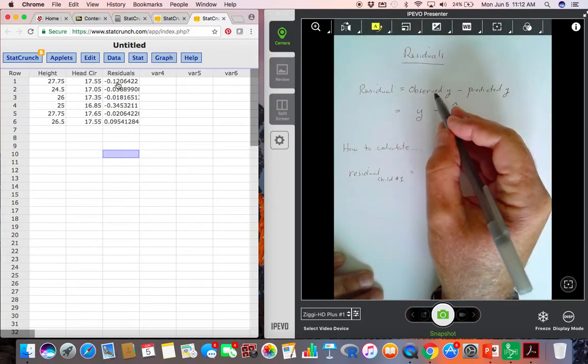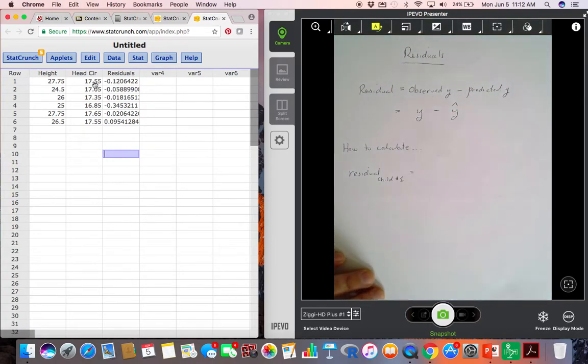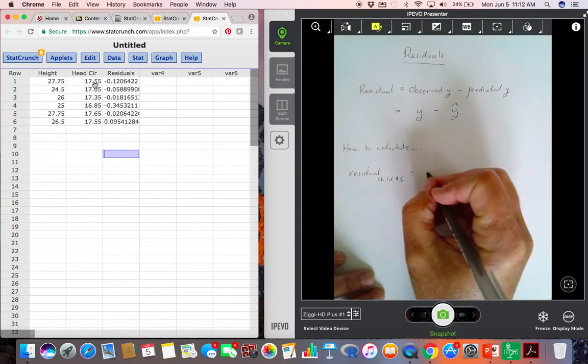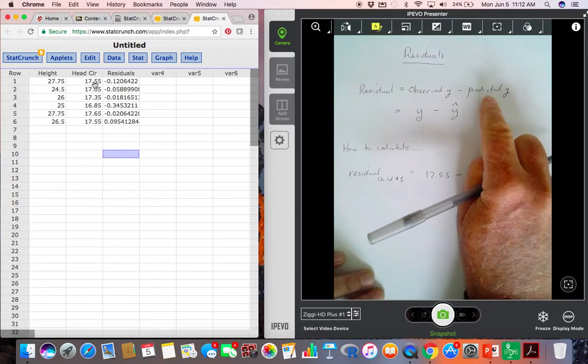First thing we put in is the observed y, which is just what we see when we collected our data. And then we predict our y.